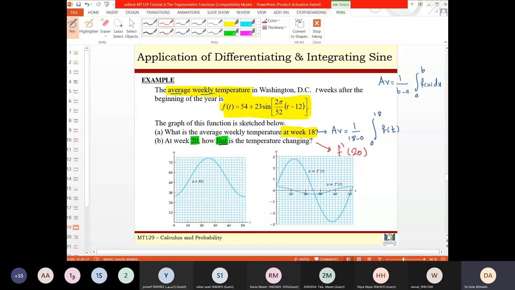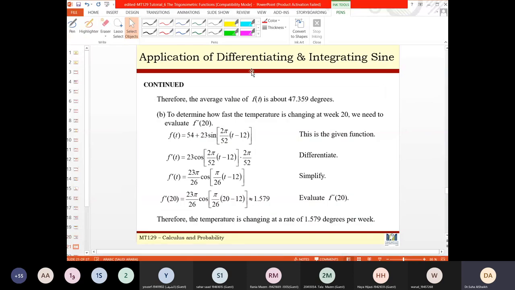So you must know how to read the questions. If you don't know what the question means, you know how to find the derivative, but you don't know how to solve the question because you don't understand what is required. So I have to find the derivative and I have to put the 20 inside it. So this is the solution.